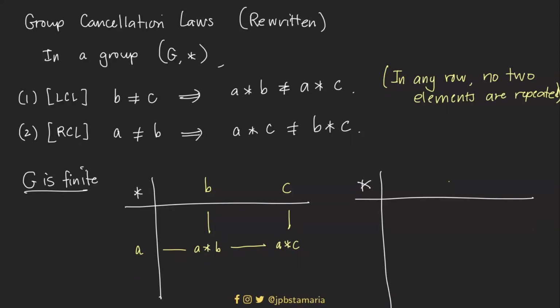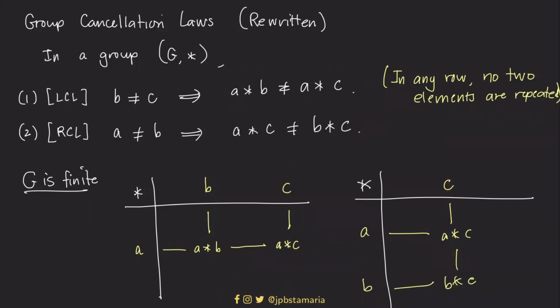Let's say this is C, this is A, and this is B. So this is A times C, and this is B times C. What it says is, if A is not B, then A times C is not B times C. So, I mean to say, in a given column, no two elements are repeated. That's the right cancellation law.